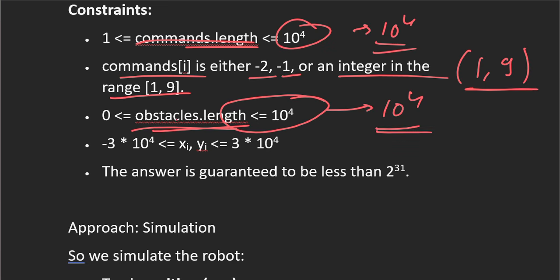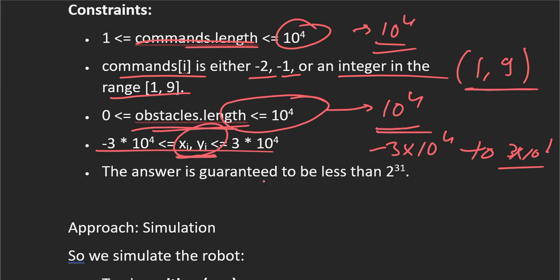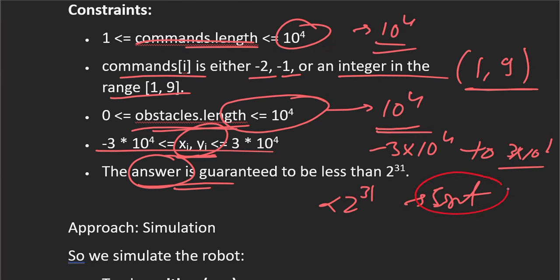And our coordinates can be from -3 into 10 to the power 4 to 3 into 10 to the power 4, so x and y can be any value in this range. And it is given that the answer is less than or equal to 2 to the power 31, means the answer will be an integer only, right? So these are our constraints.